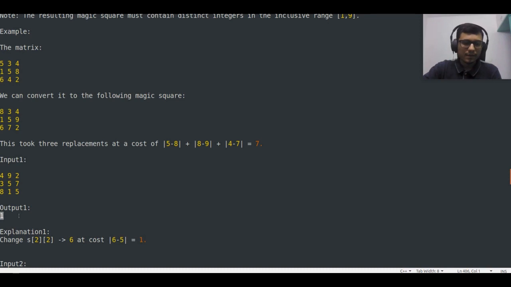So the output will be 1, and this is the minimal cost. After replacing this 5 by 6, you can check all the rows, columns and diagonals, and you'll find that all of them sum up to the same constant value, and hence it's a magic square after that replacement.